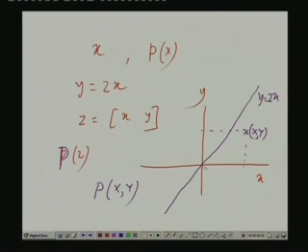Remember that for any given x, y lies precisely on this line, nowhere else. So, if you are at this point now, capital X, the probability that small y lies below this point is 0.